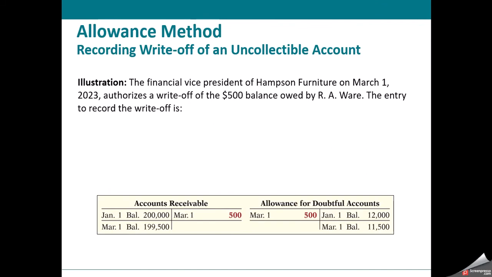So that is our realizable value. Then we have, okay, now he's going to write off a specific balance. So this R.A. Ware owes him $500 and we recognize it is going to be uncollectible. So then we are going to debit our allowance for doubtful accounts and then credit the accounts receivable now that we've identified a specific balance. And that would be our journal entry.